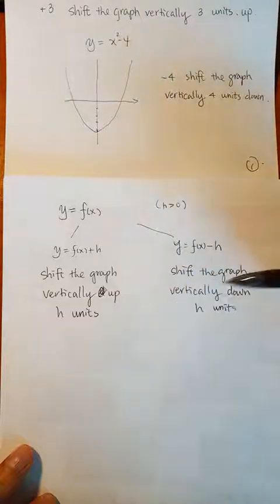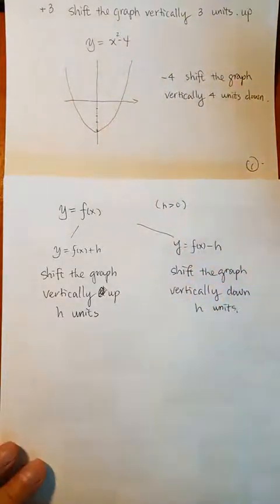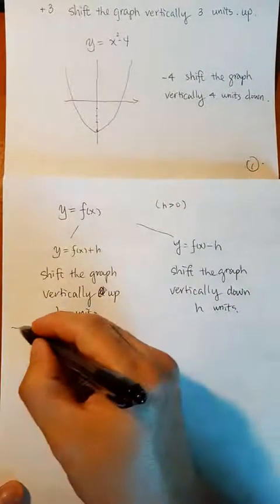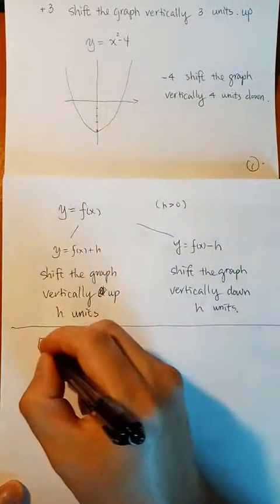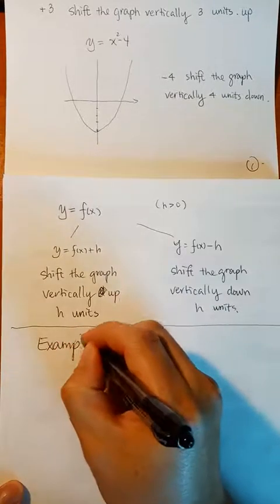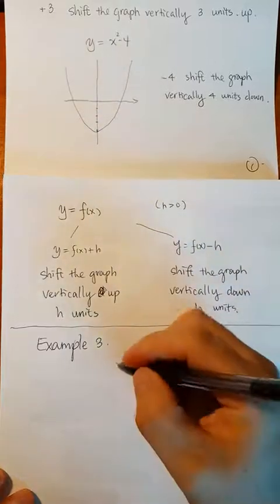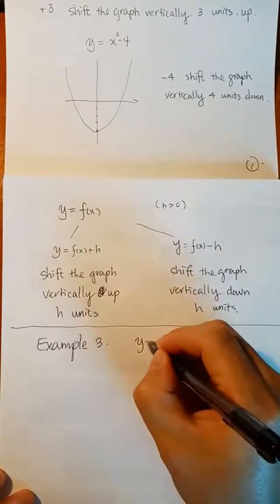You can also do the horizontal shift. Vertical shift is about y, then horizontal shift is about x. Let's see this. Example 3. Okay. We still use y equal to x squared.